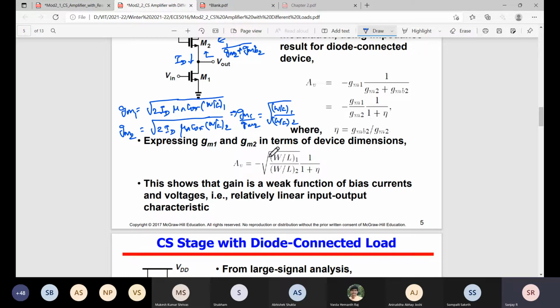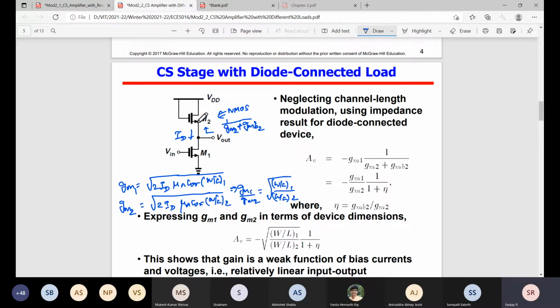Eta is also constant, so the gain is almost linear, a very weak function of the device parameters. So the gain is almost constant, relatively constant, with no significant variation in the input output characteristic.